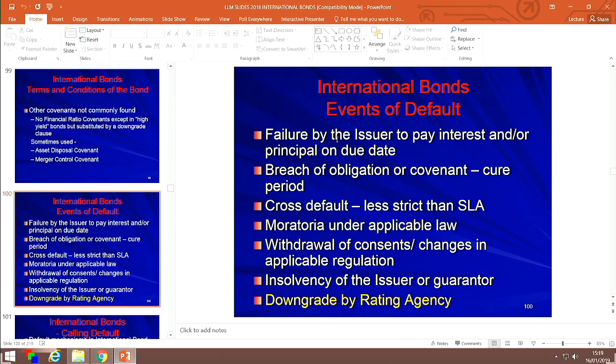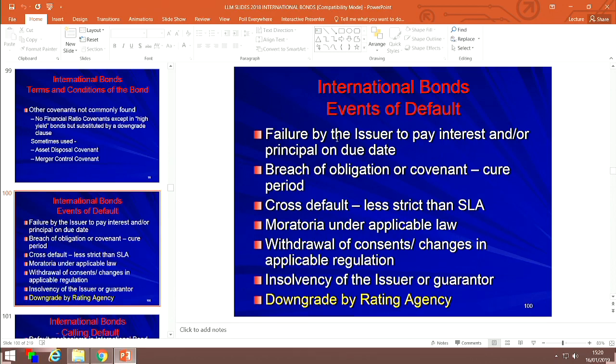This is the same old analysis that we've gone through 100 times at lectures, at seminars, and so, yeah, the moratorium under the place of the issuer's incorporation becomes irrelevant.